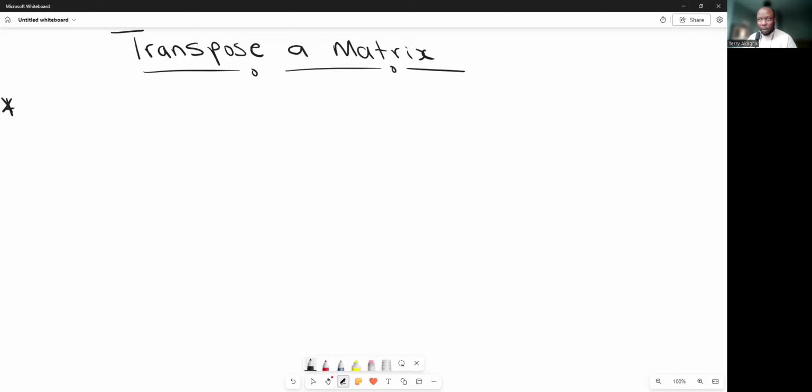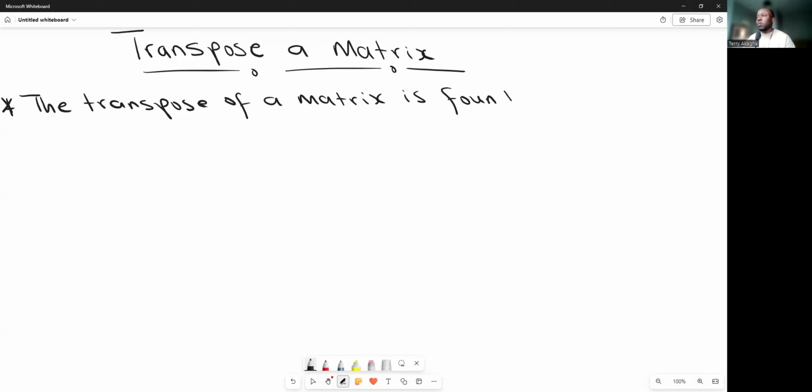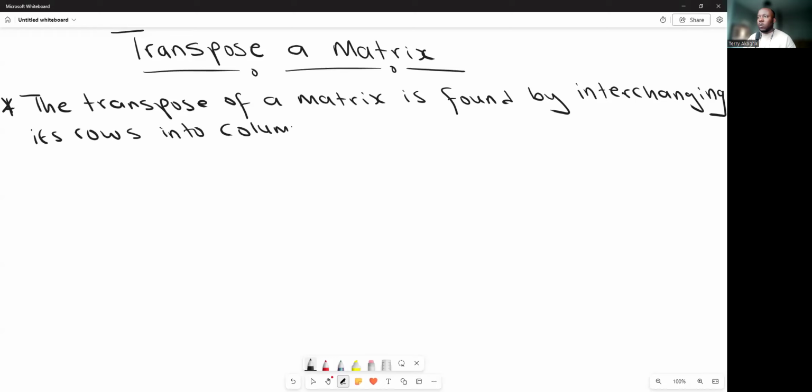So when you talk about transposing a matrix, the transpose of a matrix is found by interchanging its rows into columns or columns into rows.